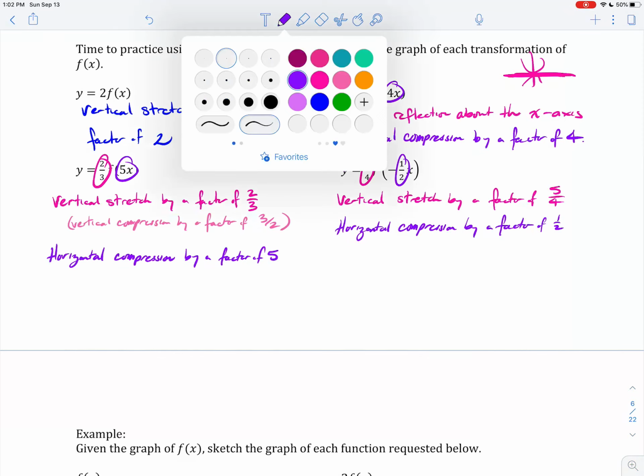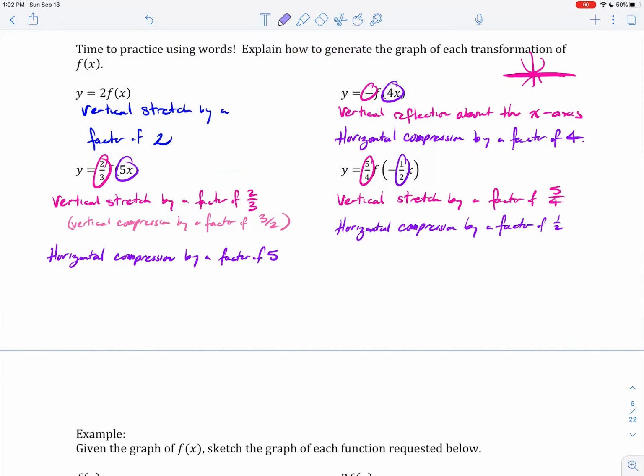A horizontal compression by a factor of 1/2, which we could also say is a horizontal stretch by a factor of 2.